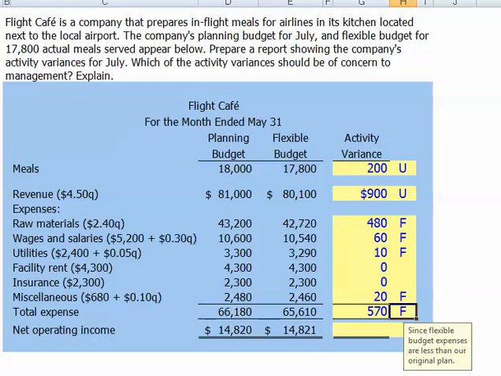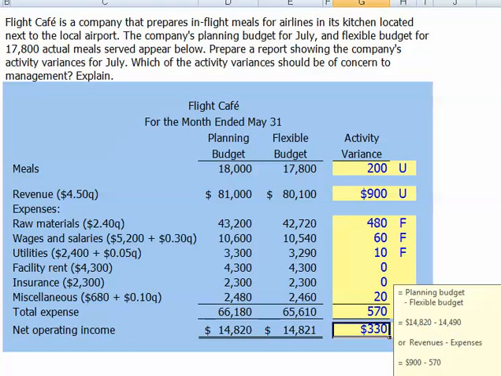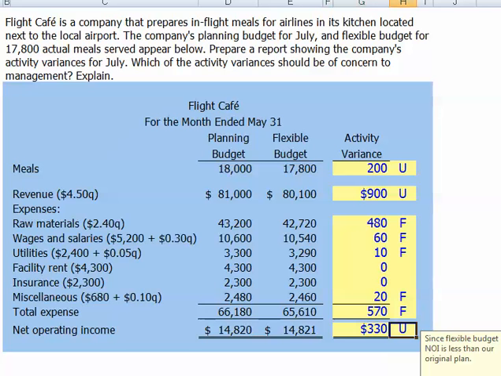This is again because our actual level of activity is less than our original planned level of activity. In terms of our net operating income, the difference between our flexible budget net operating income of $14,821 and our original planned net income of $14,820 is $330. This is a favorable variance, unfavorable variance.